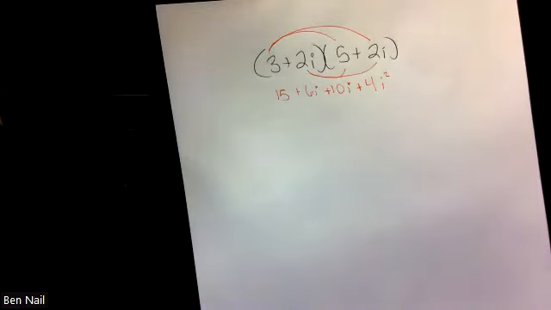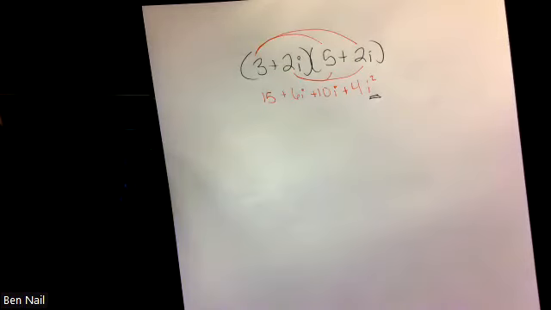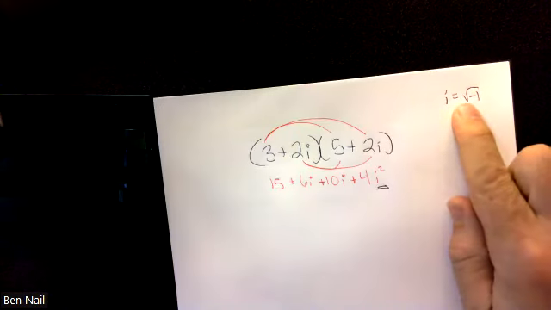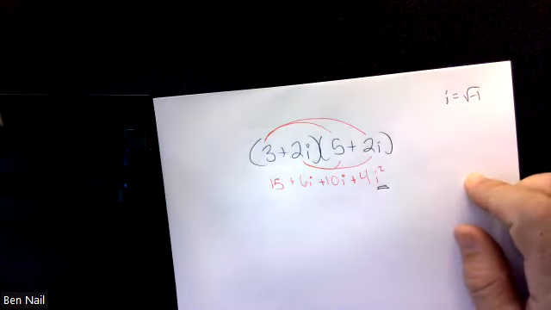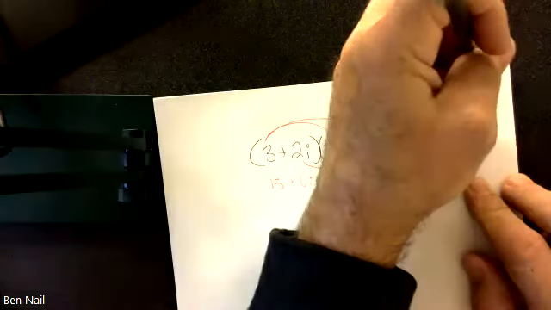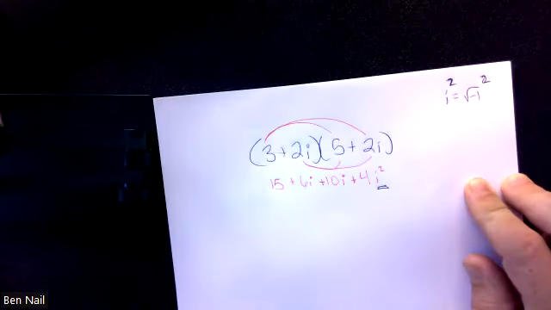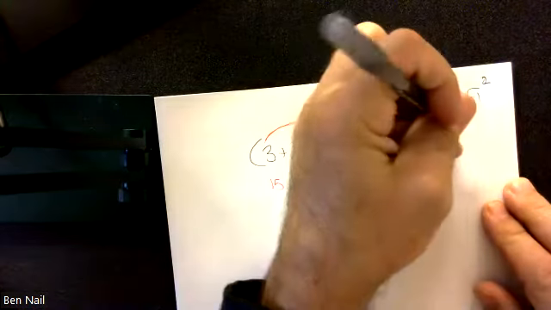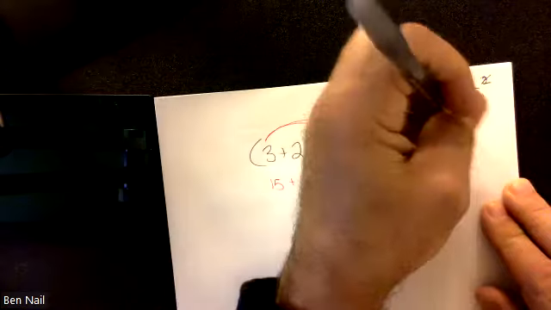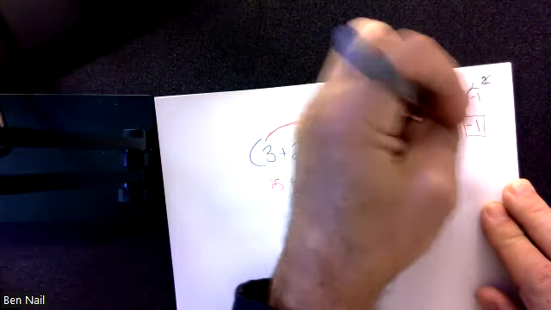Now, this i squared is important. This is going to do something that seems counterintuitive, but remember, i is equivalent to the square root of -1. That's what the i stands for. The imaginary number is the square root of -1. If we square i, then we're squaring the square root of -1. We just talked about this in the last section. Remember, squaring a square root cancels it. So i squared is -1. It is no longer an imaginary number.